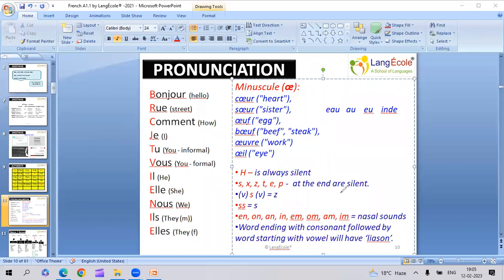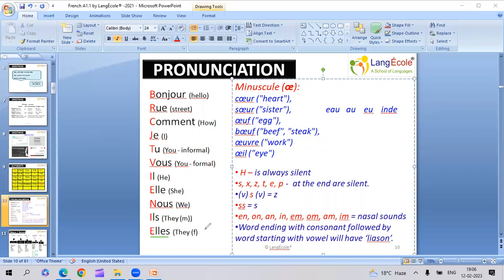For example, take elle, E-L-L-E, which means she, and S-O-N-T, which means are. Okay, sorry, this is not plural.